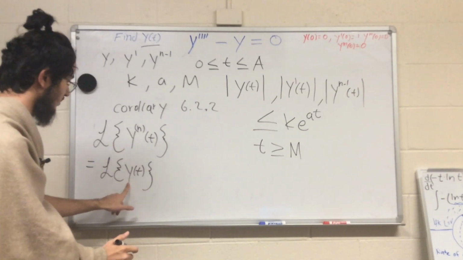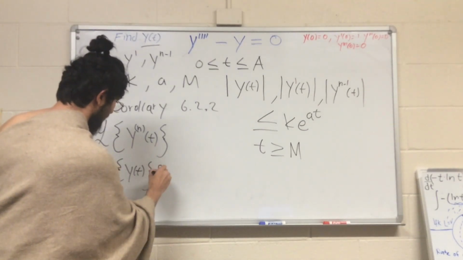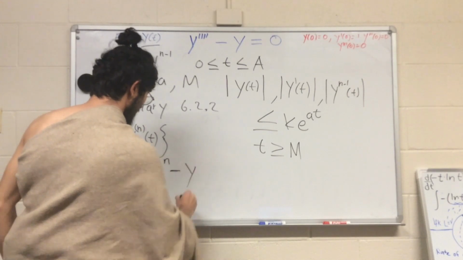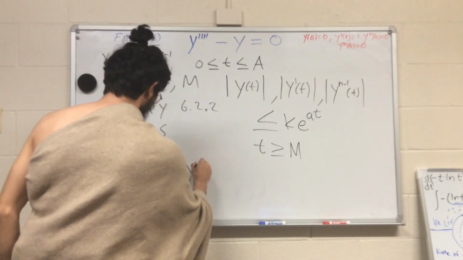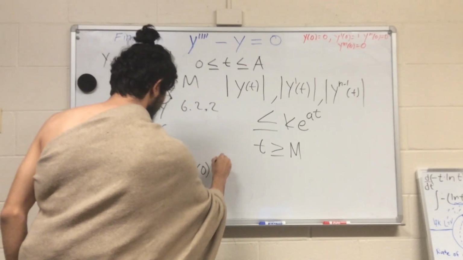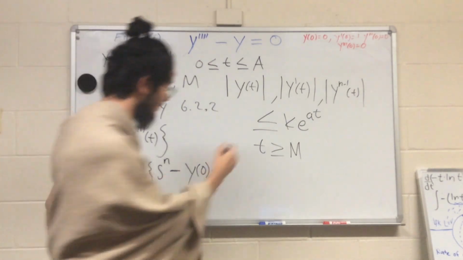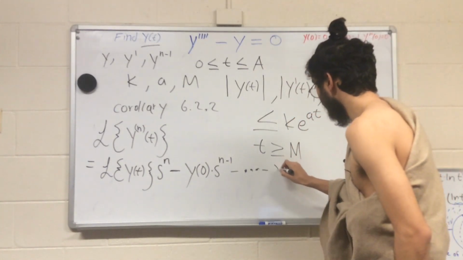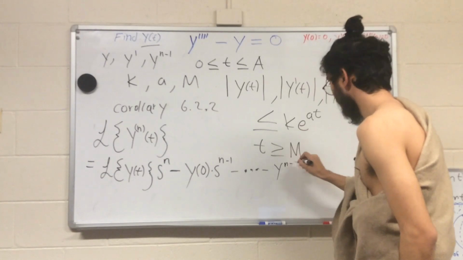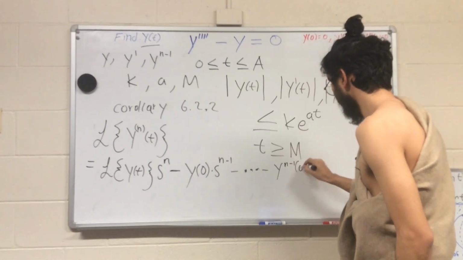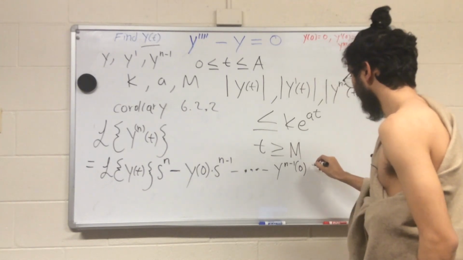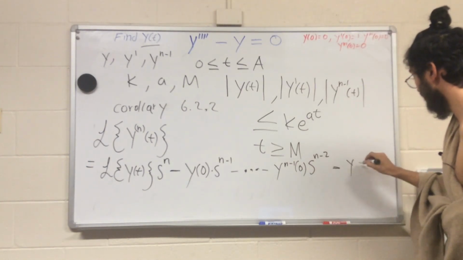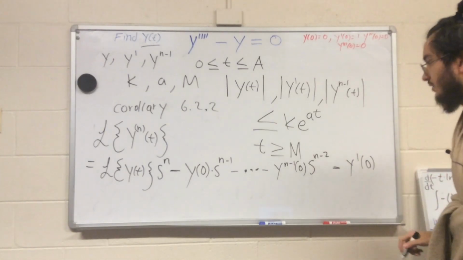So it's going to be this multiplied by s to the power of n, and now we're going to subtract y of 0 times s to the power of n minus 1, and then we keep on subtracting things, minus dot dot dot minus y to the power of n minus 1 of 0 times s to the power of n minus 2, and then minus y prime of 0.